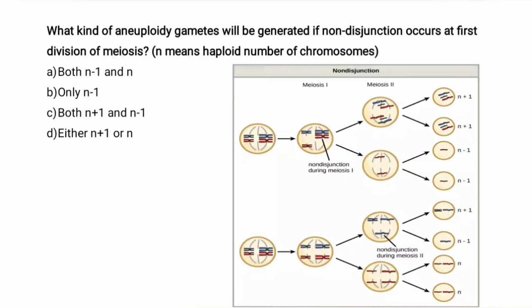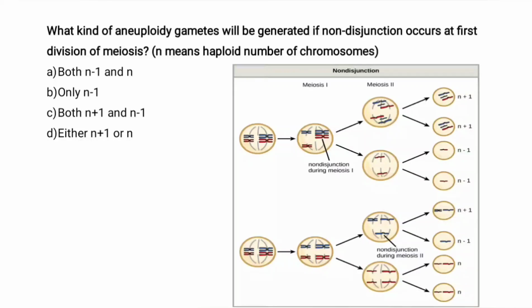They are caused by non-disjunction, which occurs when a pair of homologous chromosomes or sister chromatids fail to separate during meiosis. The risk of non-disjunction increases with the age of parents.